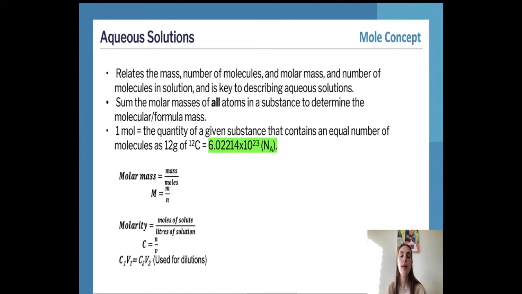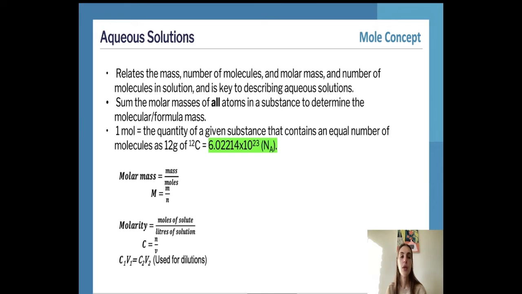And so when we're considering aqueous solutions, we also need to consider the mole concept. And so this is relating the mass, number of molecules, molar mass, and number of molecules in solution to describe aqueous solutions. And so the sum of the molar masses of all atoms in a substance can be used to determine the molecular or formula mass.